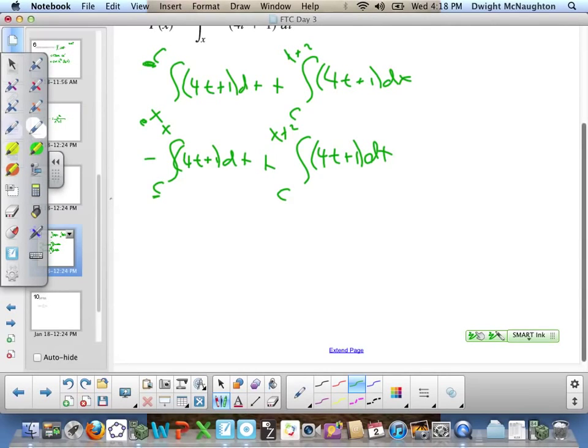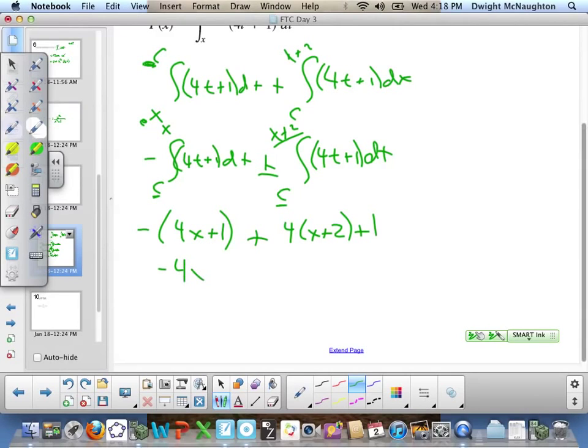From a constant to x, the derivative of the antiderivative is the function. So we'll have negative 4x plus 1 plus, from a constant to x plus 2, the derivative of the antiderivative is a function. We'll plug in x plus 2 and then multiply by its derivative, which is 1. All right?